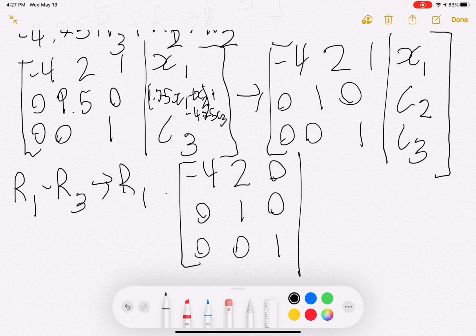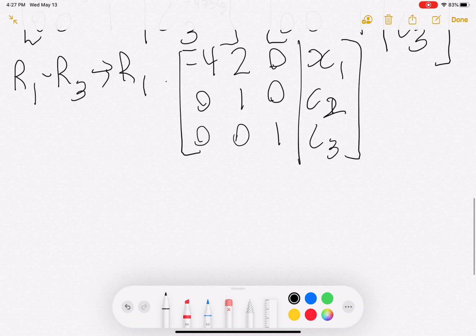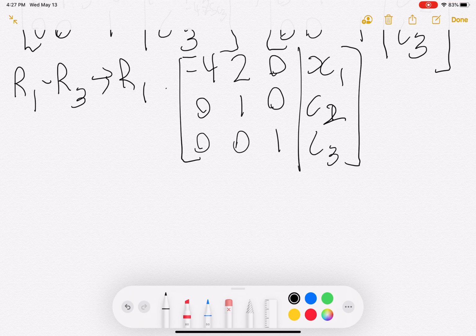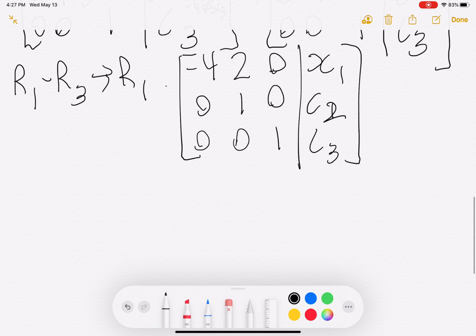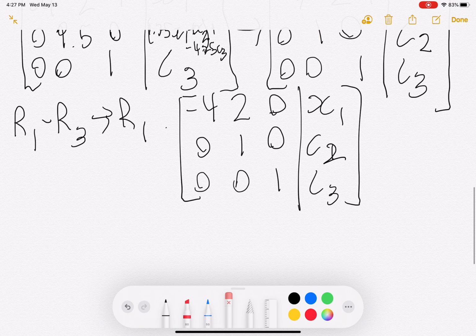Then we have x1, c1, c2, c3. Okay, great. Now we can actually multiply this row by -2. Or actually, an easier method would be to again use subtraction. Oh, whoops, I did something wrong here. That could have been bad. That's minus C3.